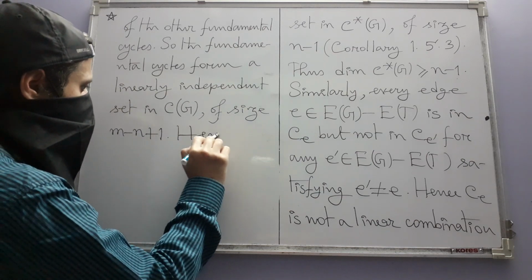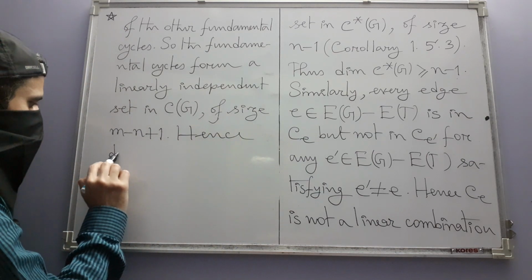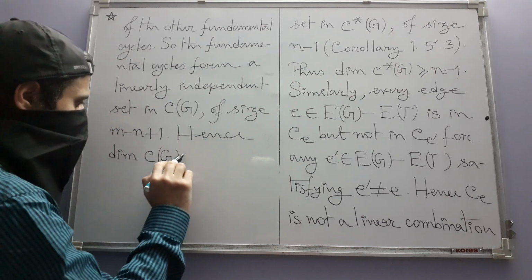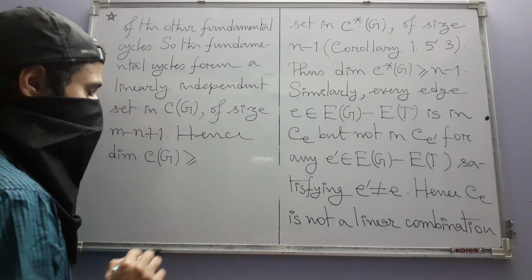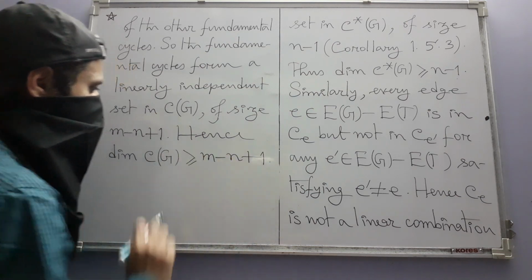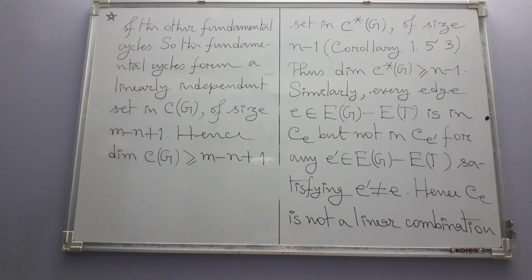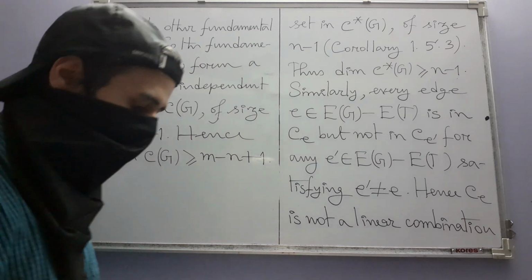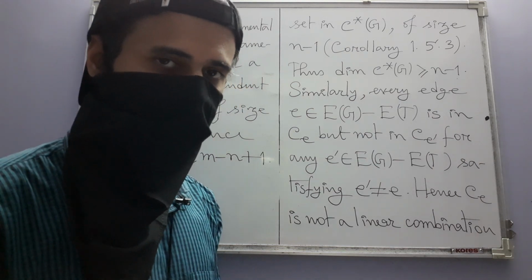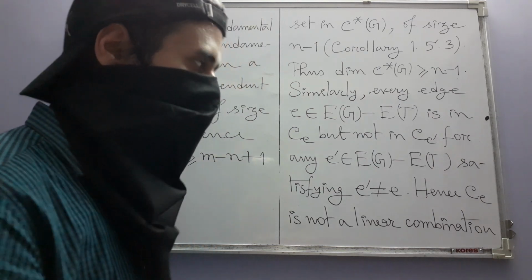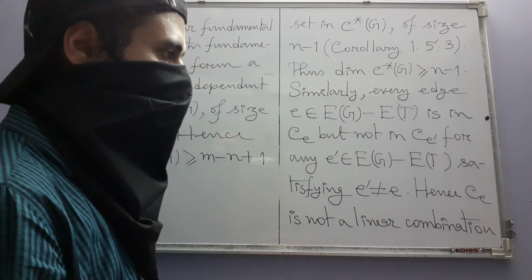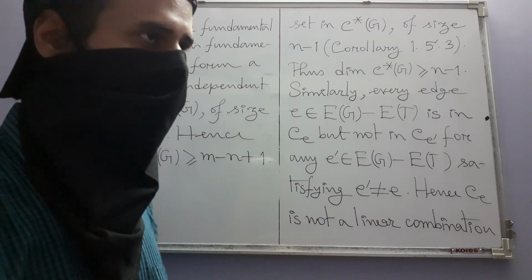Hence the dimension of the cycle space of G is greater than or equal to m minus n plus 1. Okay, but now we have that other result that we have already proved in the previous video, namely that the cycle space and the cut space are orthogonal complements of each other.